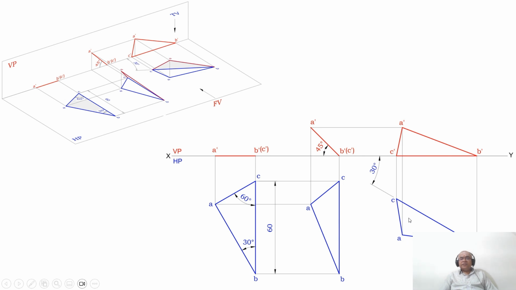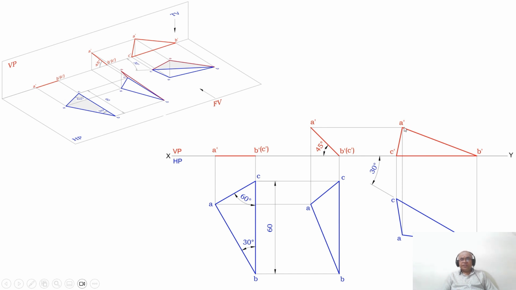Then I need to draw the front view. Draw a horizontal line, extend that XY line, and draw a vertical projector from C. Since C dash is on the XY line, you project this C to the XY line. Similarly, from B also you project to the XY line, because both B dash and C dash are on the XY line. And then you draw a vertical projector from A to the front view and draw a horizontal projector from A dash.